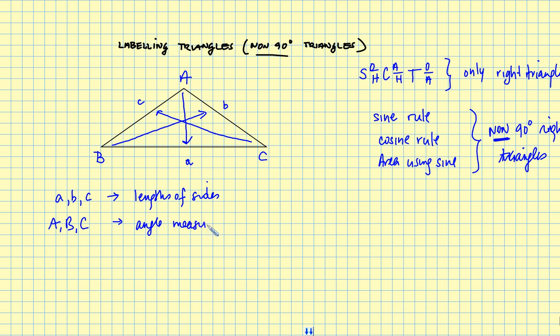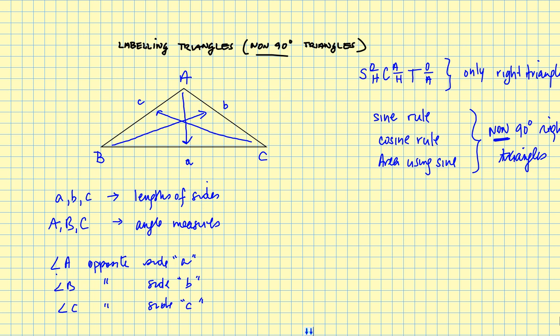Angle A is always going to be opposite side little a, angle B will be opposite side little b, and angle C will be opposite side little c. So small letters refer to length of sides, and large letters refer to the angle measures.